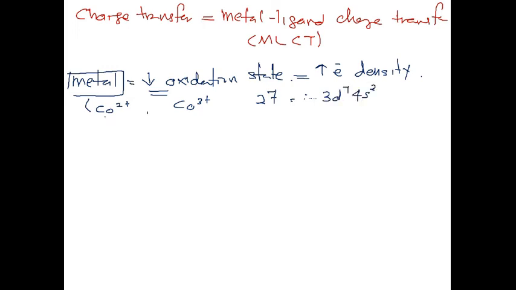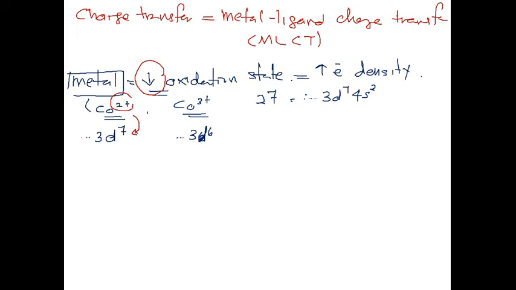For 2 plus cobalt, the electronic configuration will be 3D7, while for 3 plus cobalt, the electronic configuration will be 3D6. So here, the low oxidation state, which is 2 plus, will be D7.